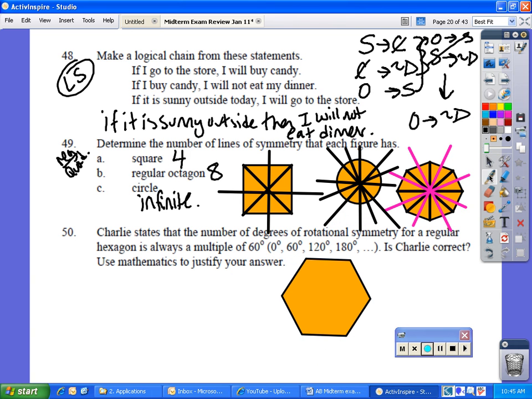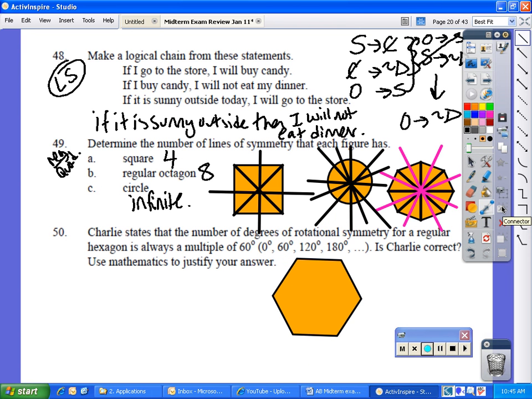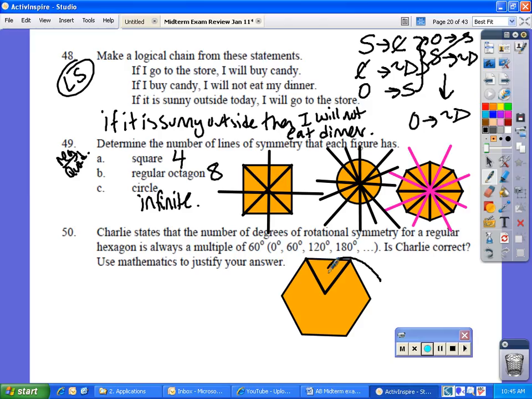And that's because it has 6 what we call central angles going from the center out to the sides. It has 6 of these. And we can determine the measure of this central angle by taking 360 degrees, the number of degrees around that central point, and dividing it by n, how many sides there are.